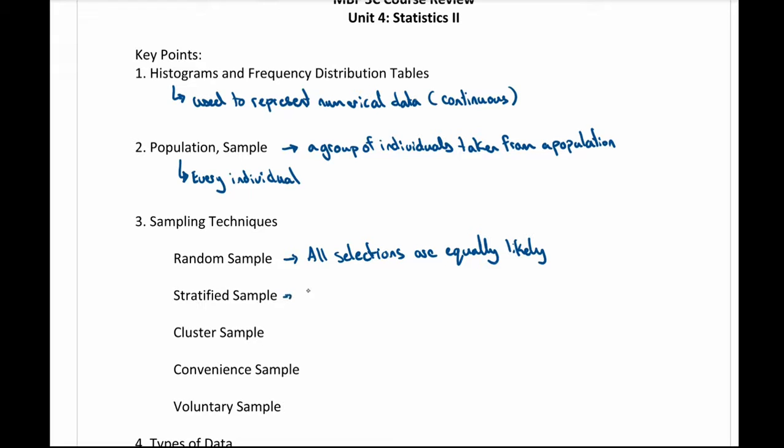Stratified is where the population is divided into groups, and then a random sample is taken from each group.